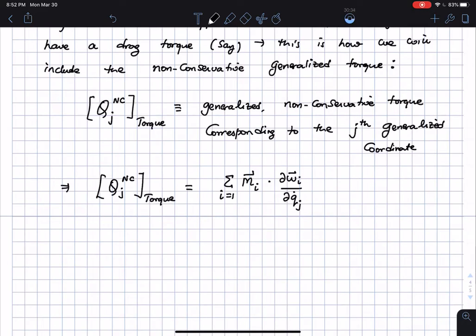This is a very important term here. I'm going to put a box on this. We're going to be seeing this again in the next problem that we will solve.